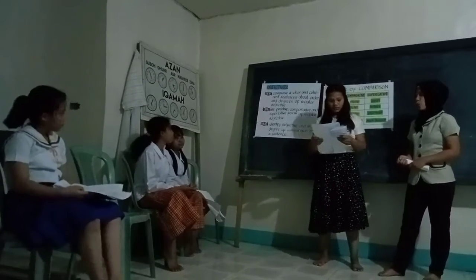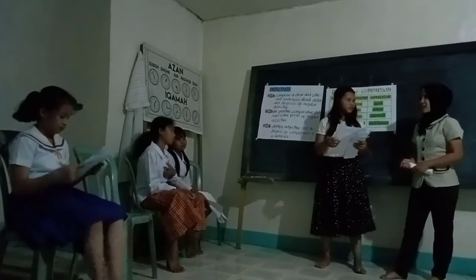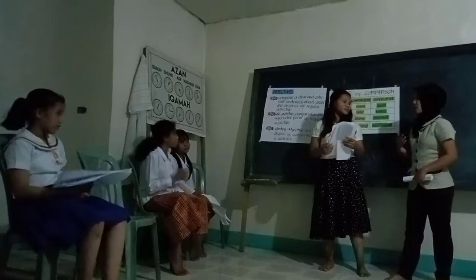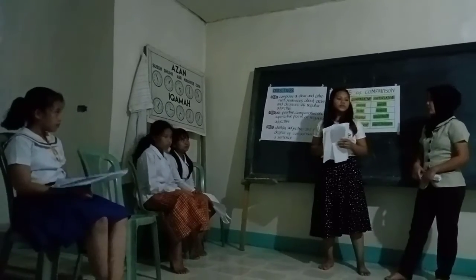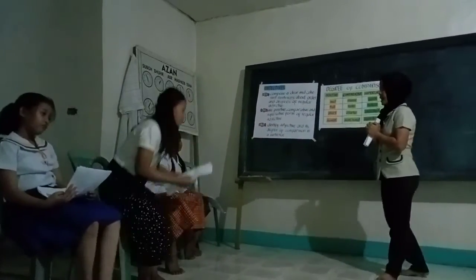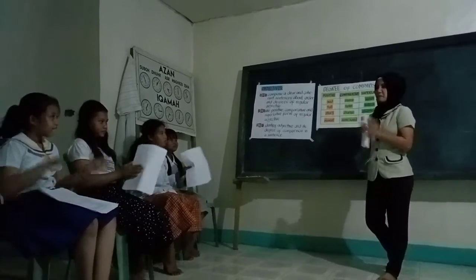A car runs faster than a motor. So what is the adjective there? Faster. Okay, so what is the degree of the adjective faster? Comparative degree. Okay, great job everyone. You may now take your seats. You all did your best. So clap yourselves.